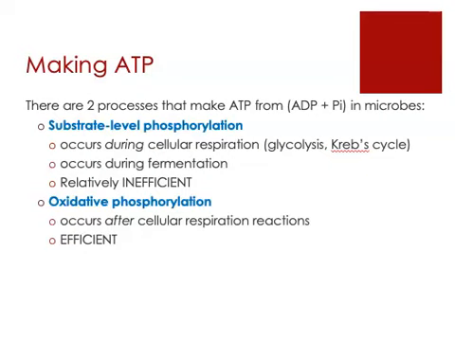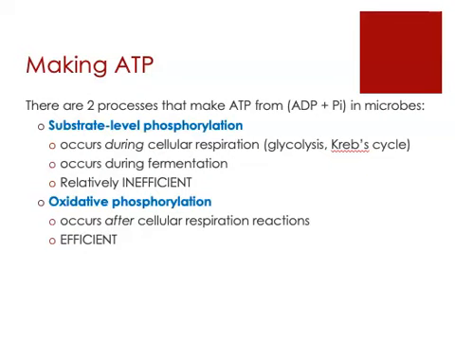But remember, it's not a great way to make ATP if you're a living cell, and that's because it's inefficient. Every time the enzyme takes the substrate and creates product with it, it's also going to make one molecule of ATP. That's not a good way to make ATP.